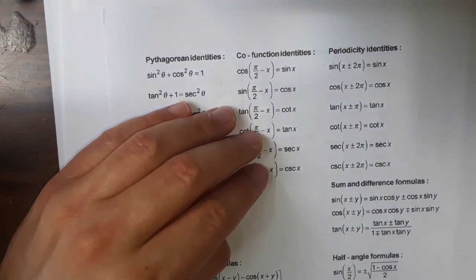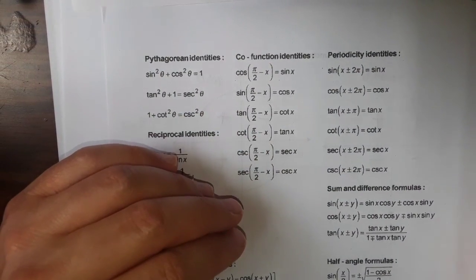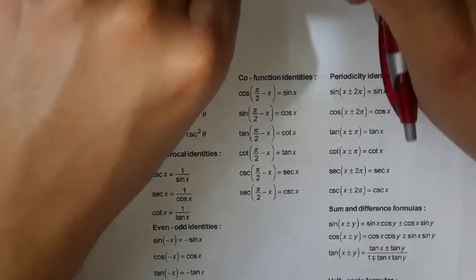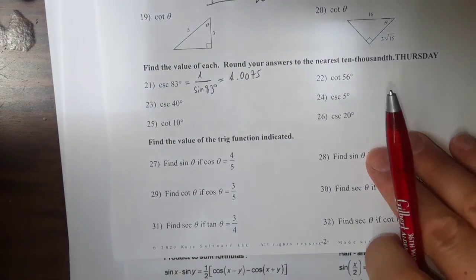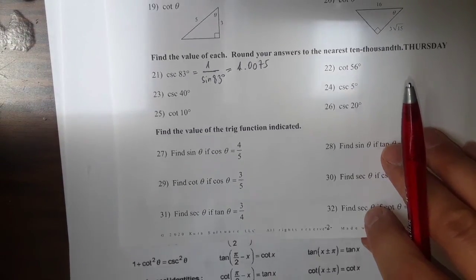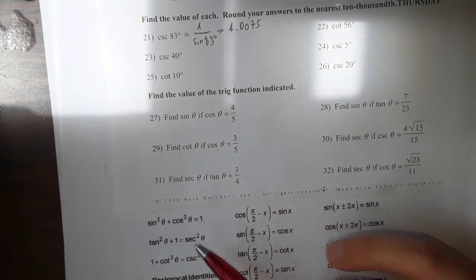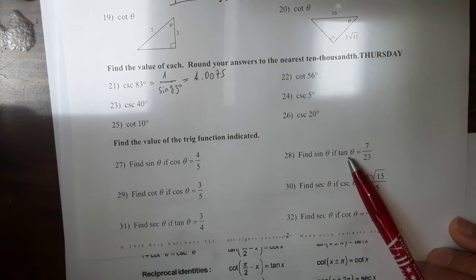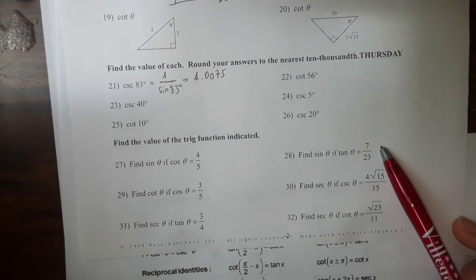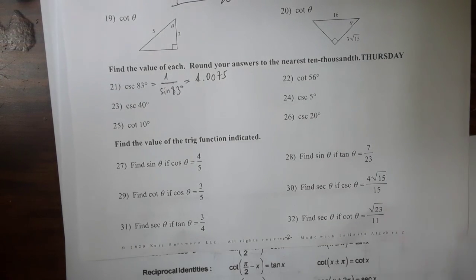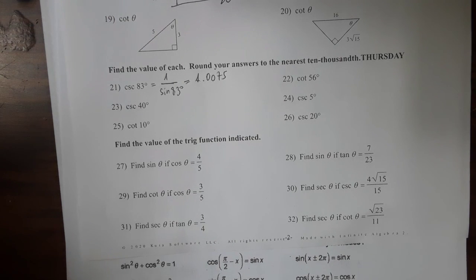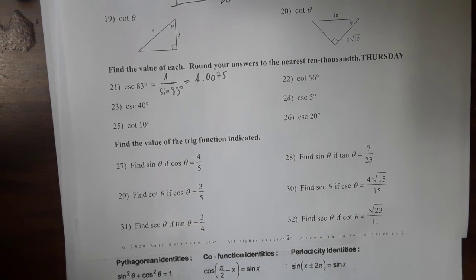What is relating sine and tangent? They give us the tangent, and you have to remember that tangent equals sine over cosine, and from there we can find the sine.